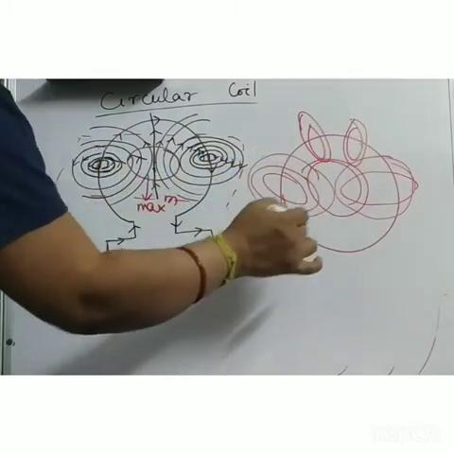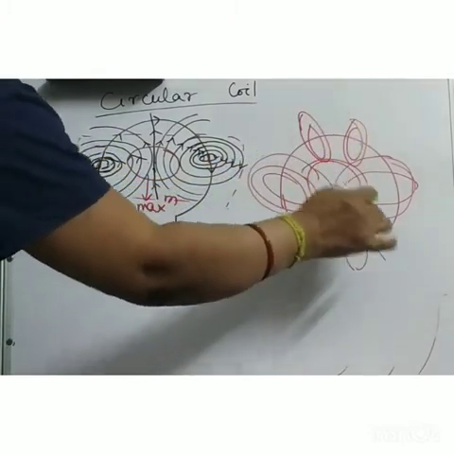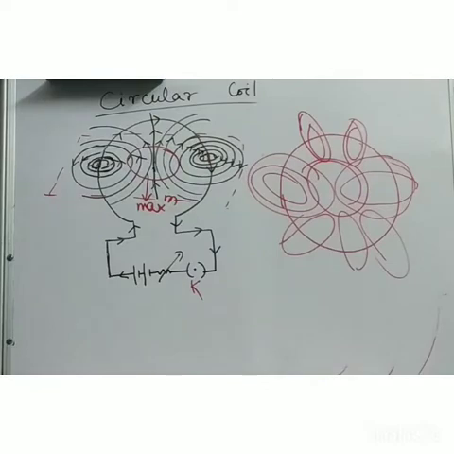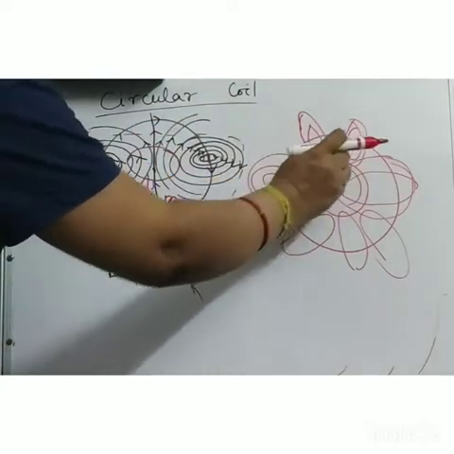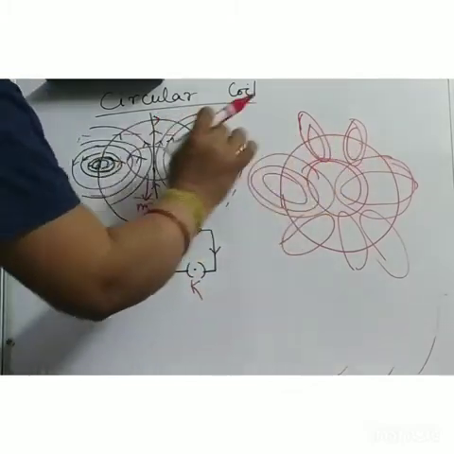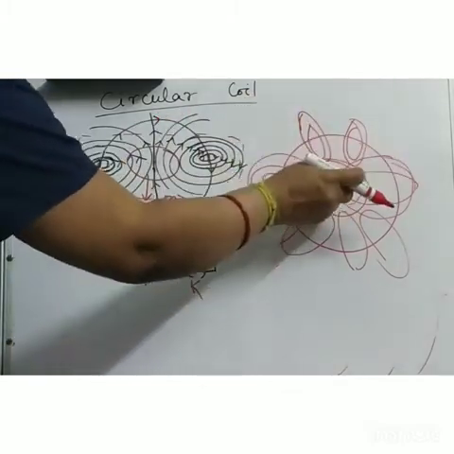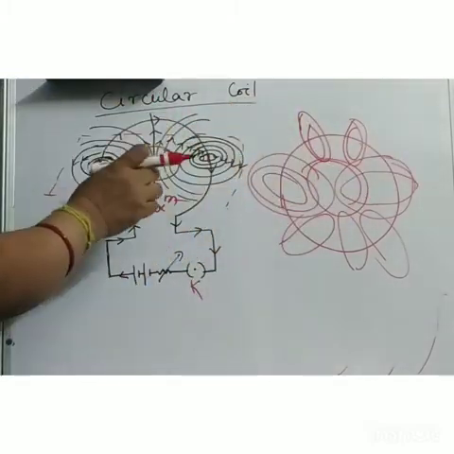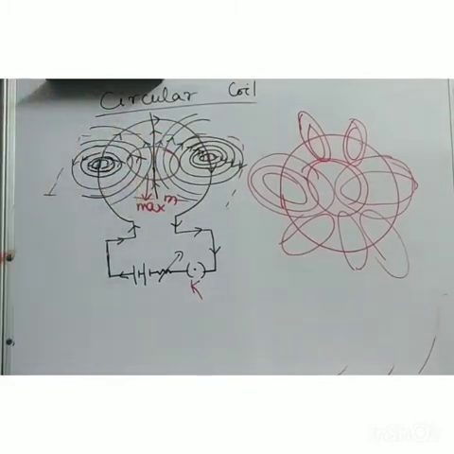At the center you will see maximum field lines. All the concentric circles are contributing at the center, so all the magnetic fields get added up. So you will get maximum magnetic field at the center.